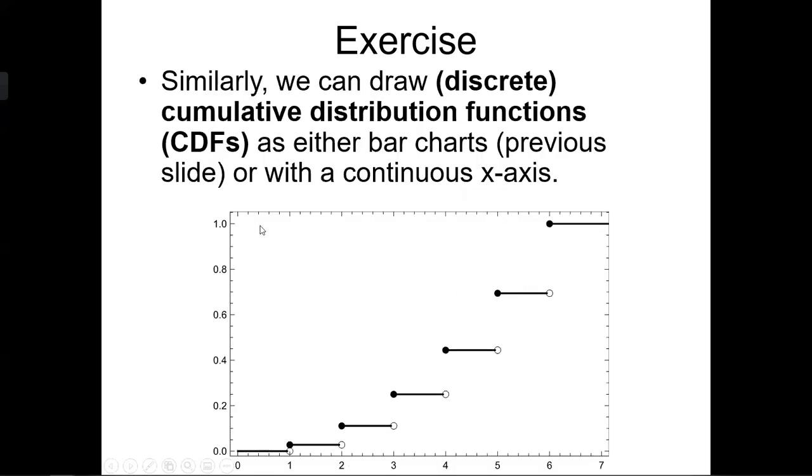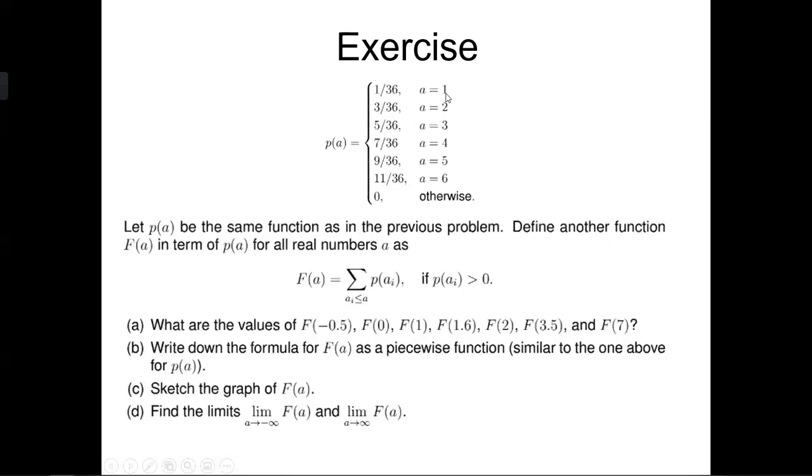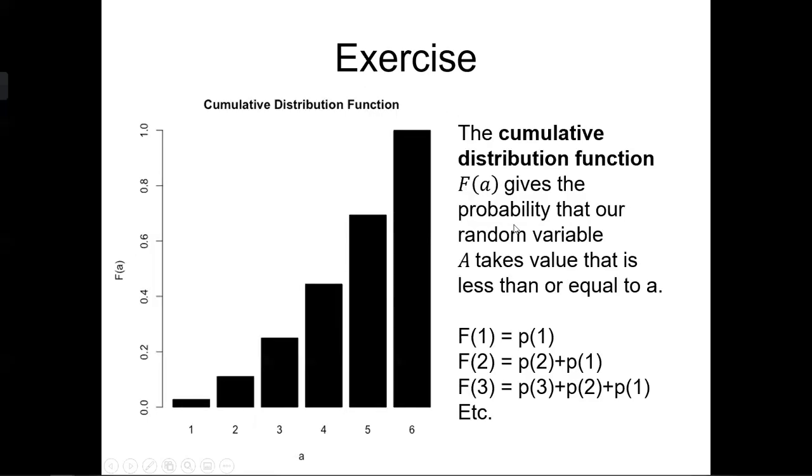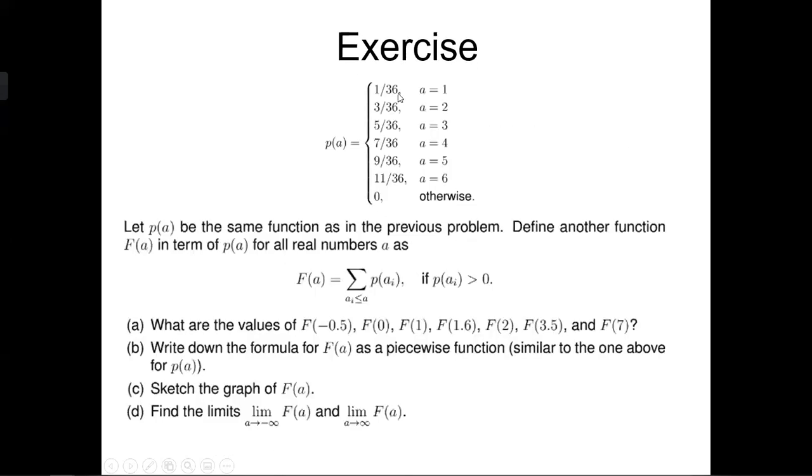Now let's see the plot for this. The plot looks like a step function. Now, how does it work? We know that from 0 to 1, we just have 1/36 for CDF, right? That's just probability of 1. So wherever there's a point between 0 and 1, if someone asks what's the CDF, that is just 1/36.